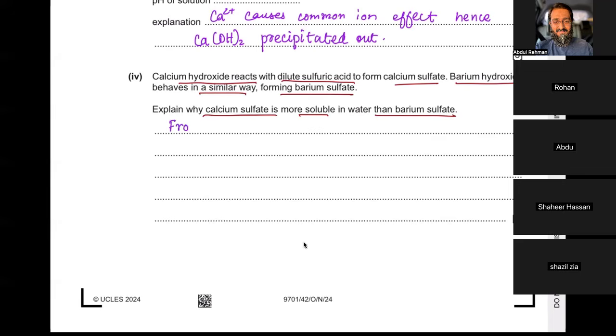So from calcium to barium, because barium is below calcium, strontium, and then barium. And we are going to compare these two, right?